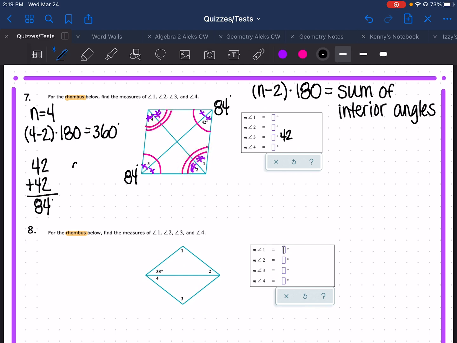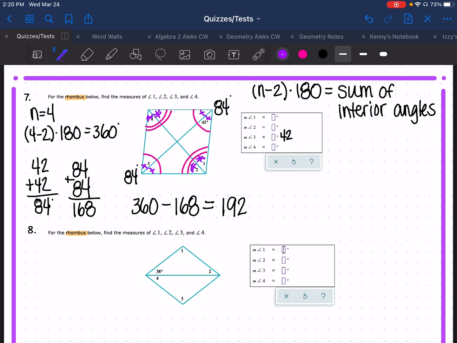Remember that they are the same, so you're going to add 84 plus 84, which gives you 168. The whole thing is 360, so you're going to say 360 minus 168, which gives you 192.